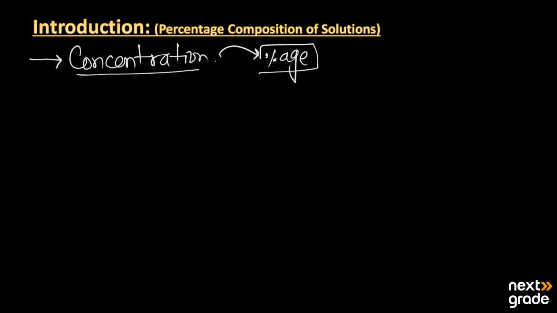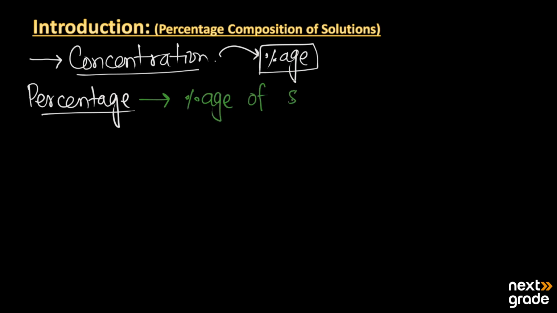How can we find the percentage? By definition, the percentage of the solution is the total percentage of solute present in the solution. So the amount of solute present in the solution is called percentage composition.